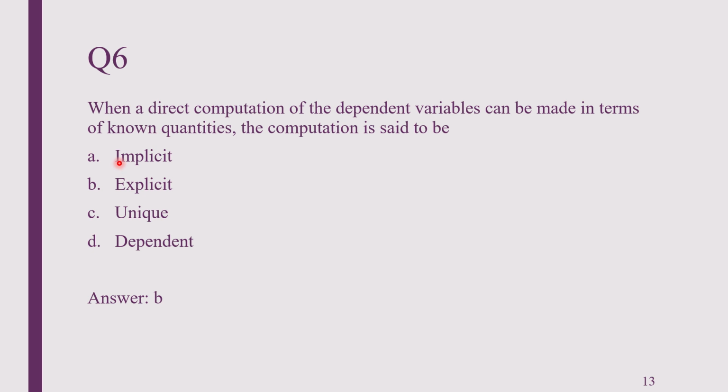Implicit would be computationally a little more expensive because we solve those equations simultaneously, whereas explicit is easier, and the accuracy would depend accordingly.